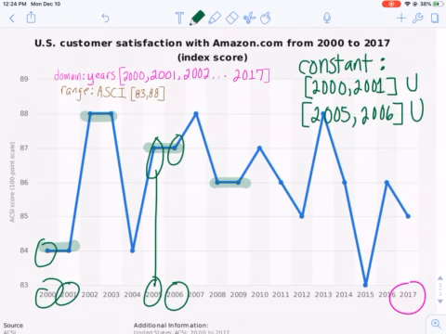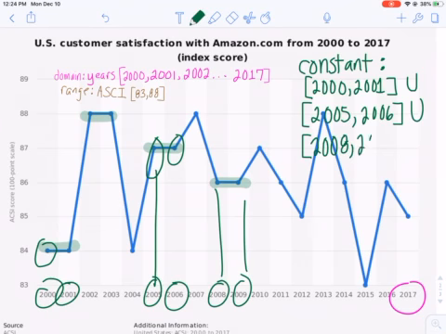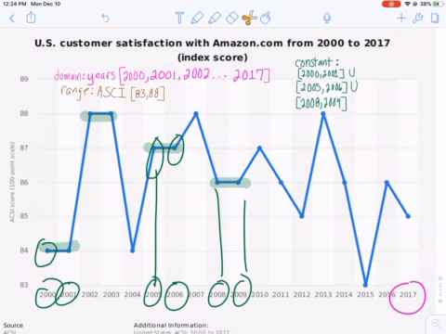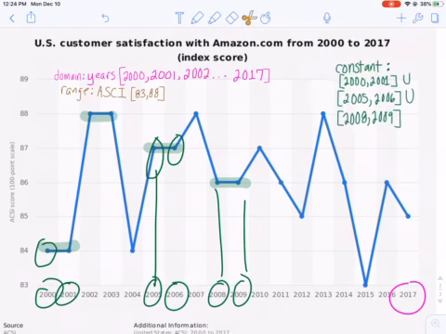Then I've got another one here, 2008, 2009. And that looks like my last one. So I've got 3 constants going on here. I just wrote those out using interval notation. Make sure you're doing the same.